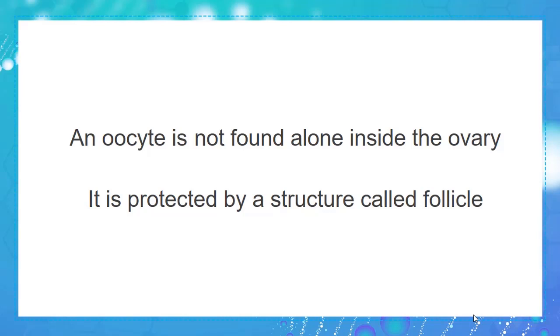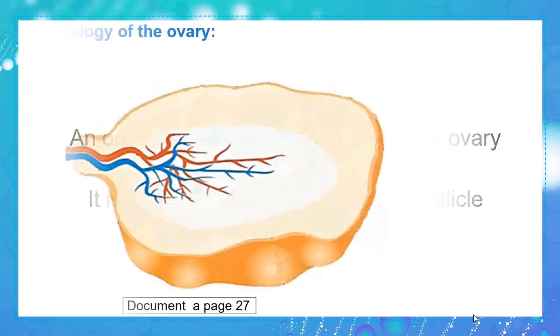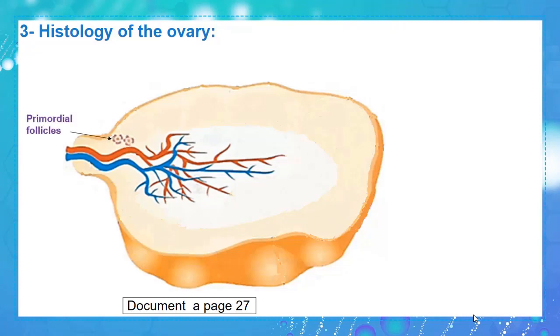It is well protected by a structure called the follicle. Document A, page 27, shows a cross-section of the ovary in which you can observe the different developmental stages of these follicles with oocytes inside them.